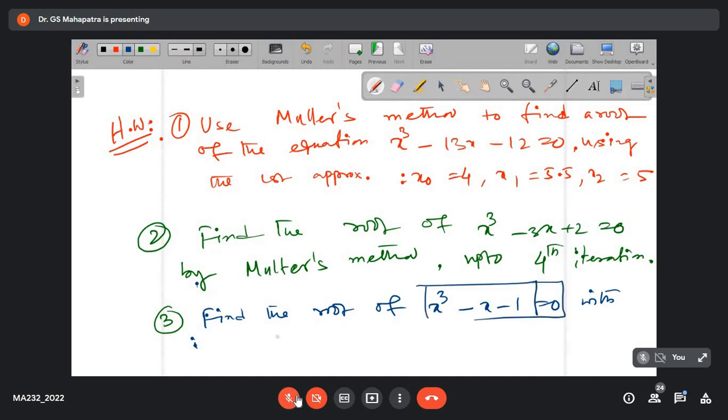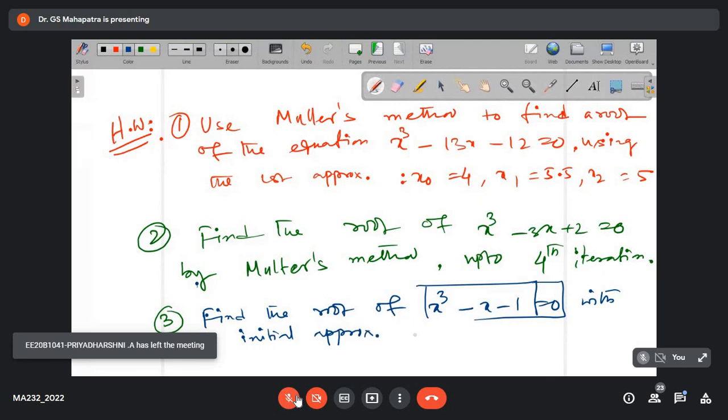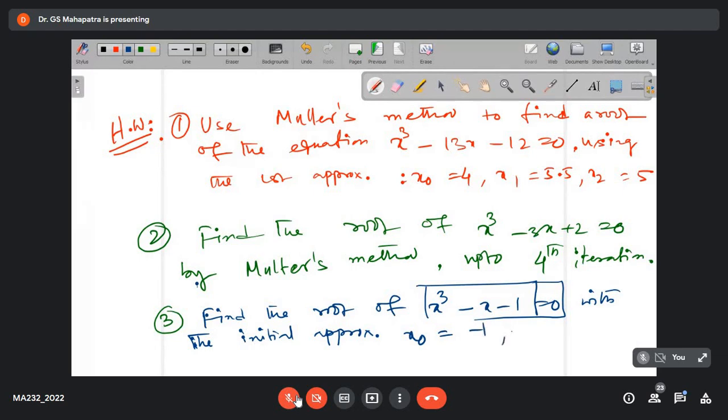So now I am changing the initial approximation. x naught is minus 1, x1 is 1, and x2 is, minus 1, 0 and 2. Minus 1, 0 and 2 is fine, okay.